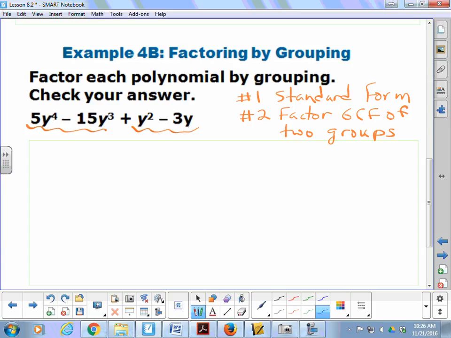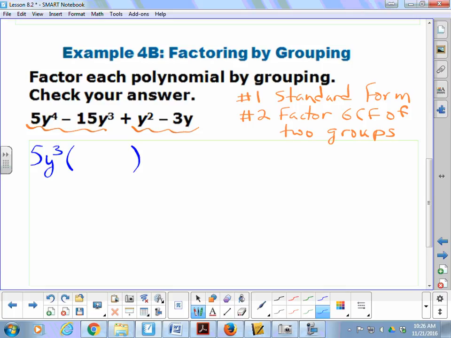5 and 15, what do they have in common? 5. Y to the 4th and y to the 3rd, how many y's in common? 3. Y cubed. So we have 5y cubed. Jacob, what goes in the parentheses then?